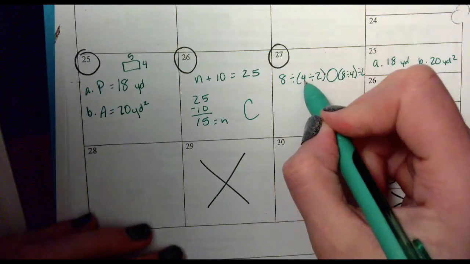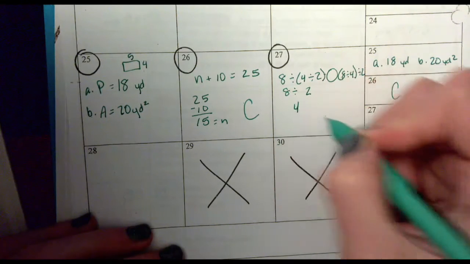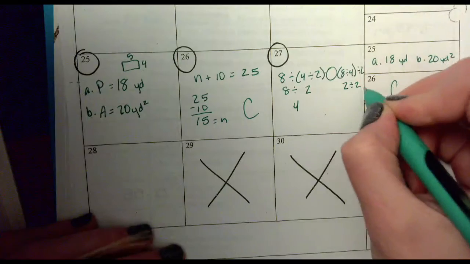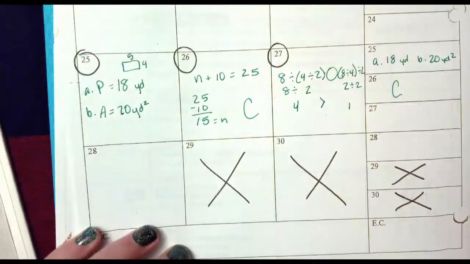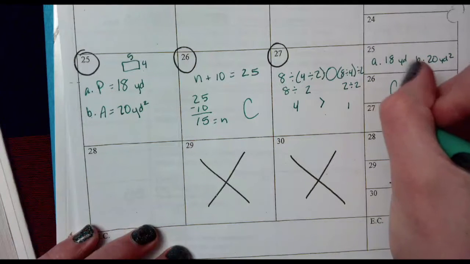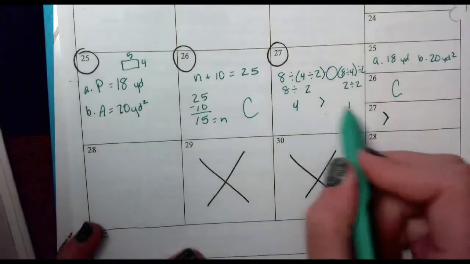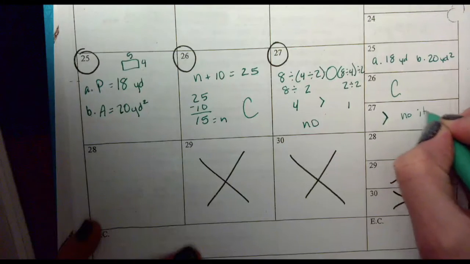So 4 divided by 2 is 2. 8 divided by 2 is 4. 8 divided by 4 is 2. 2 divided by 2 is 1, so 4 is greater than 1. Then it says, look at your answer to part A. Does the associative property apply to division? Did you get the same answer? Then no, it does not apply.